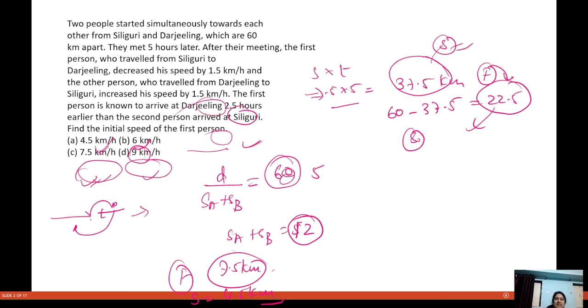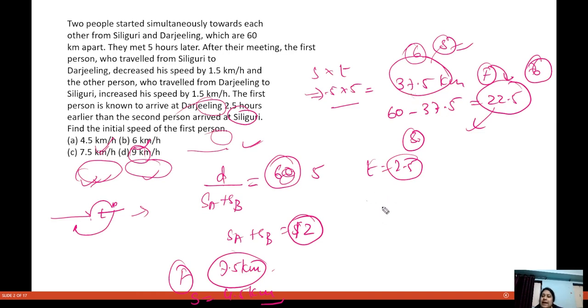But now the speed is changed. See, now the speed became 6 for this one and 6 for this one as well. Now the time difference between both of them when they are traveling is 2.5. Obviously this person is taking more time because this has to travel more distance.